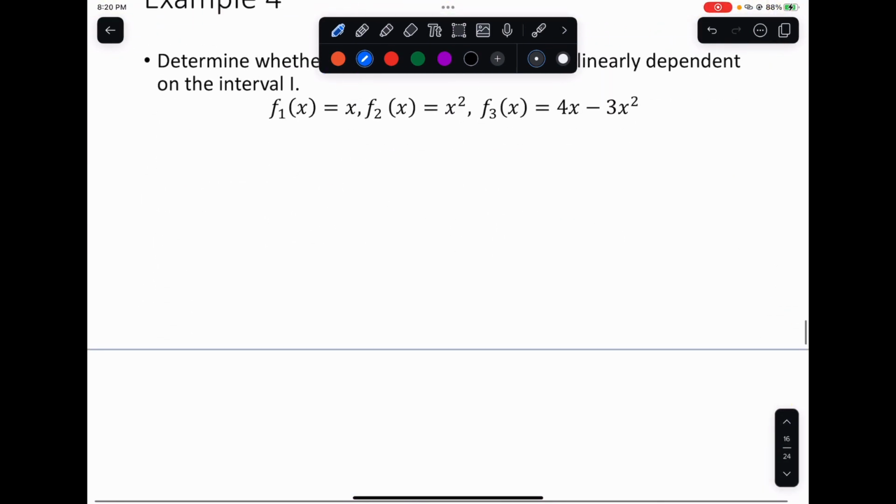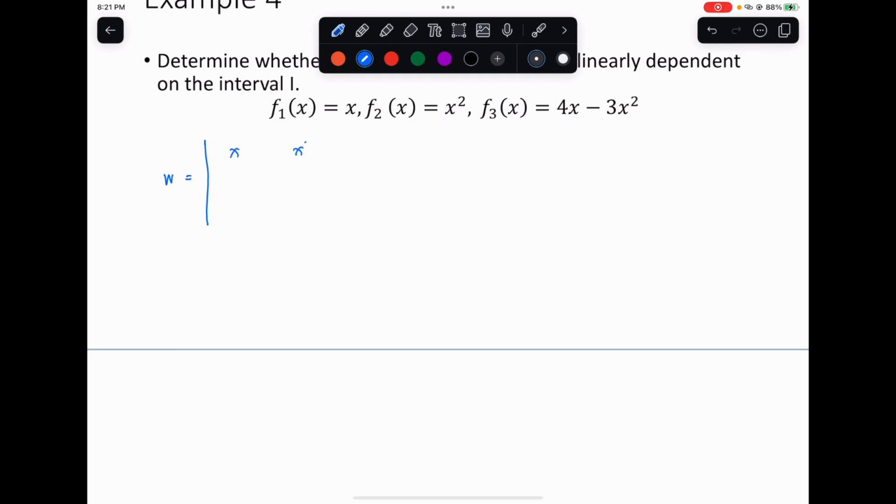So W would be equal to the determinant where we write down for the first row the three functions. The first one is x, the second is x squared, and the last one is 4x minus 3x squared.